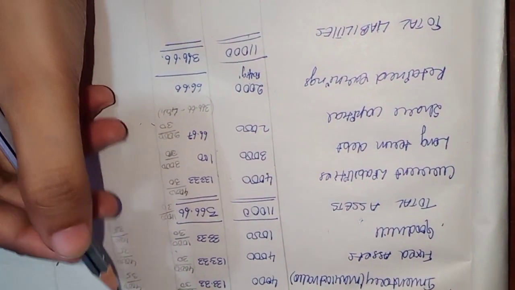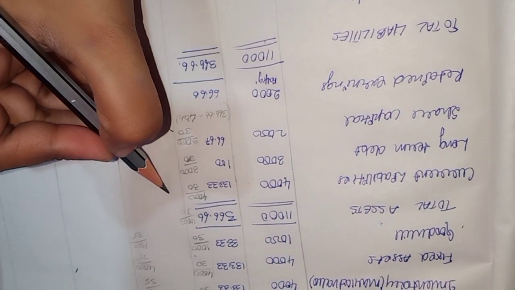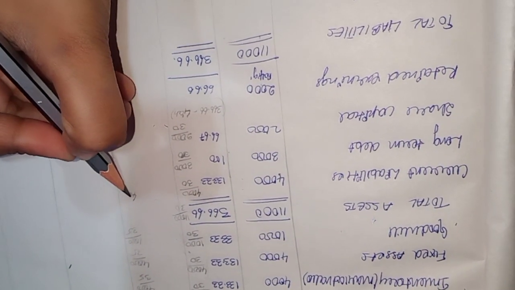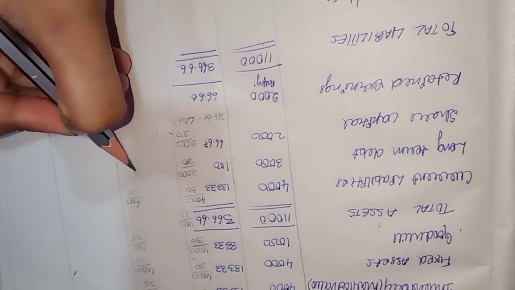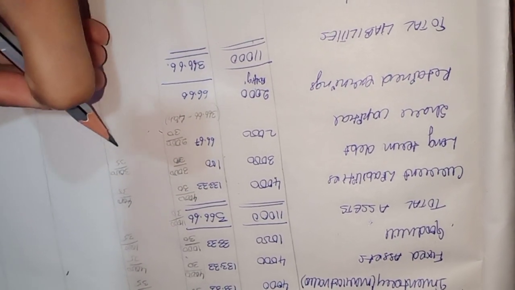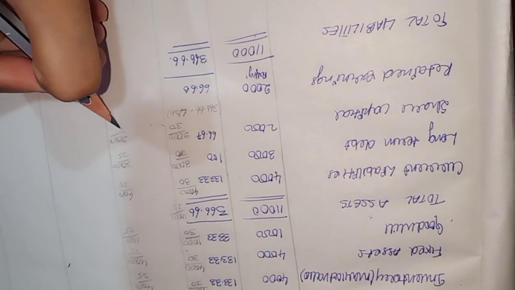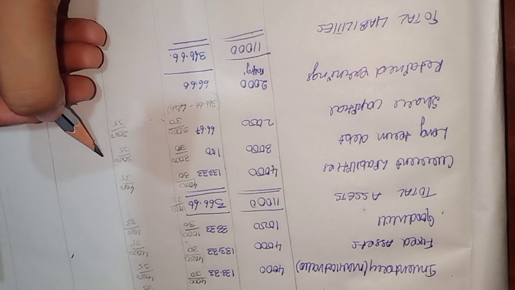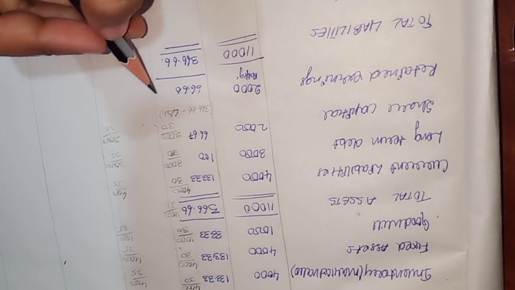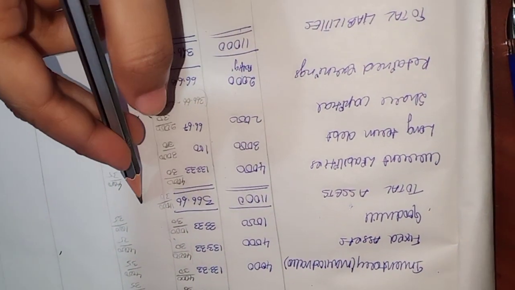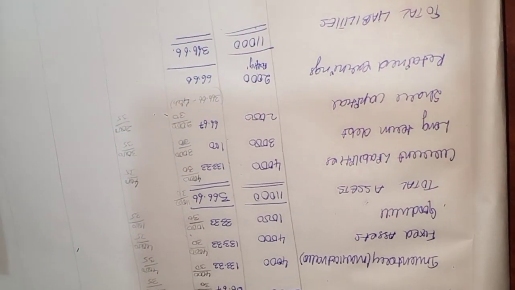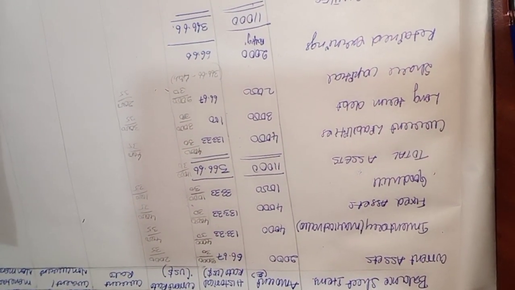Here better to calculate total, and again 4,000 divided by 35, 3,000 divided by 35, 2,000 divided by 35. Okay, assets minus liabilities, you are going to get a retained earnings, and total of this you are going to write here. Okay, I will calculate and show you guys.